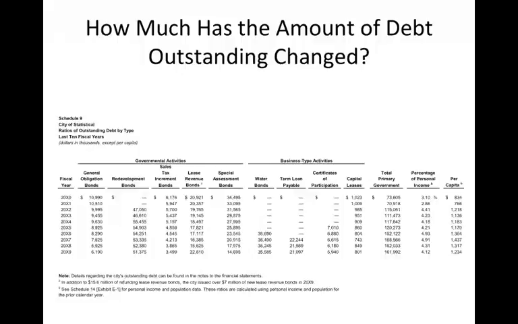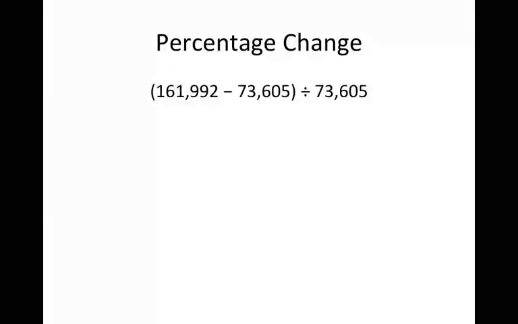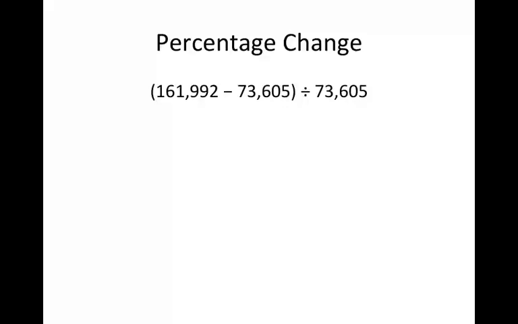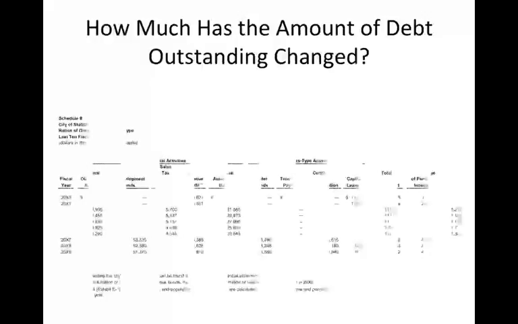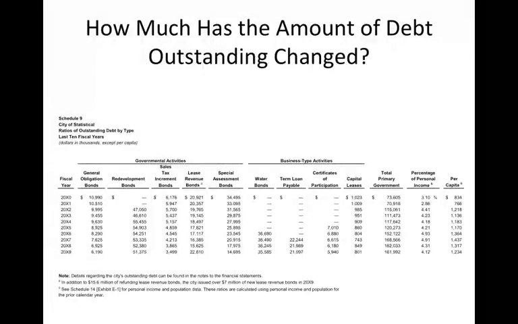Of course, looking at changes in the percentage distribution gets at the same kind of issue as calculating percentage changes, which you start by looking at percentage change in total debt, most recent year minus the earliest year divided by the earliest year, and you see that their outstanding debt more than doubled in that 10-year period. It increased by 120%. And then you might take a look at individual types of debt.